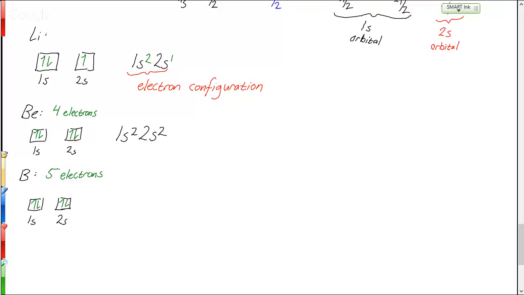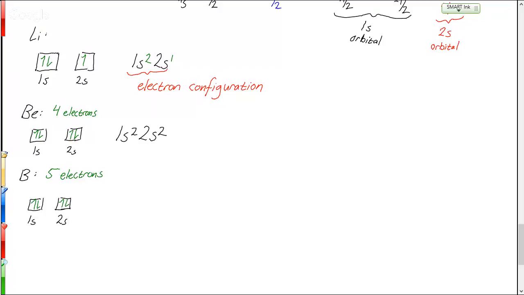So let's review from last time. What's the value of L if we're talking about p orbitals? L is 1. So what are the possible values for ML? 0, 1. Yeah, -1, 0, and 1. So that means if you have an L equals 1, which is your p orbitals, there are 3 different possible MLs, and that's your 3 different p orbitals.